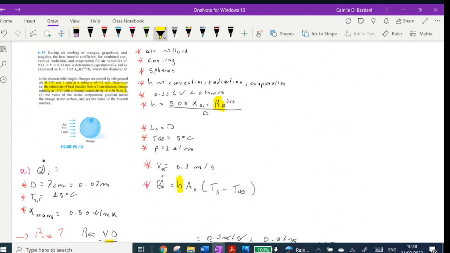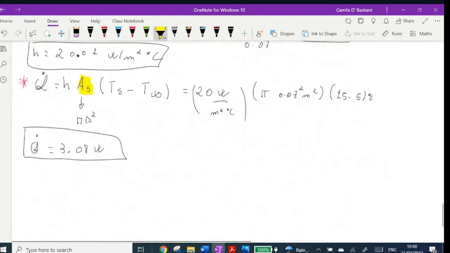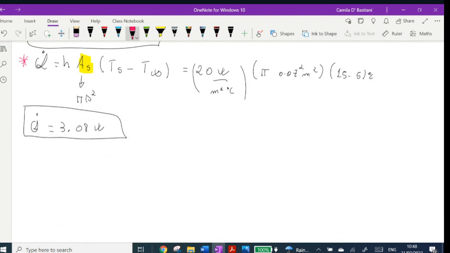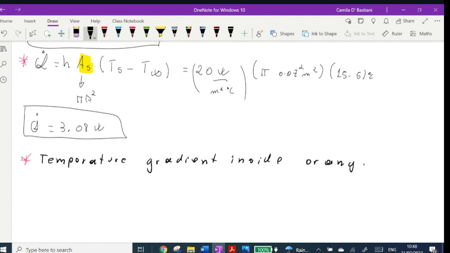The next one asks us to find the value of the initial temperature gradient inside the orange at the surface. So what I want to know now is the temperature gradient inside the orange at the surface.